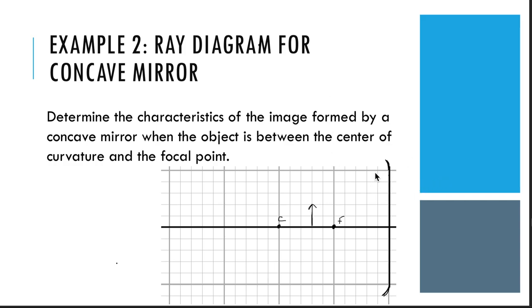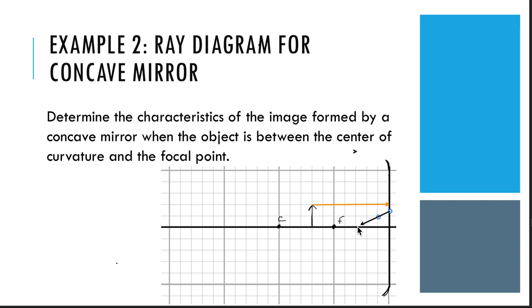So the first ray is ray number 1, which is parallel to the optical axis. Whoops. Try to draw a line here. If I click on the object, it wants to drag that one around. So I have to draw my line and then move it down here. All right, so you draw your line parallel, and that first one was orange, and then it's going to reflect through that focal point.